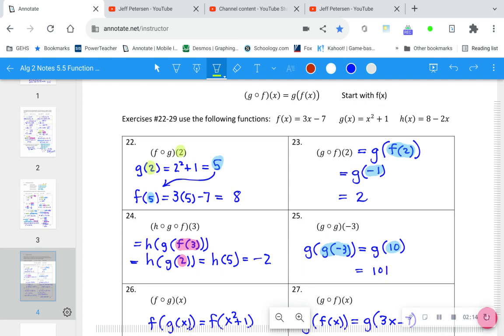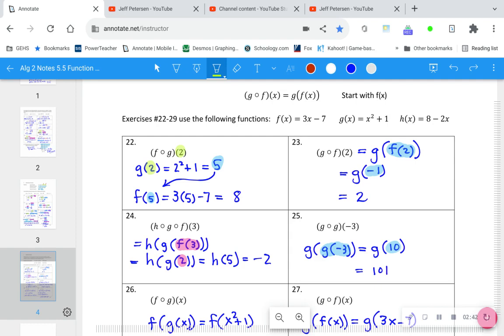And then you take 5 and plug it into the other one over here, 3x minus 7. When you do that, it's 15 minus 7, which gives 8. So you plug it into the first function, but understand the first function is the one that's written in the back. And then once you've done that, you take that answer and plug it into the other one.